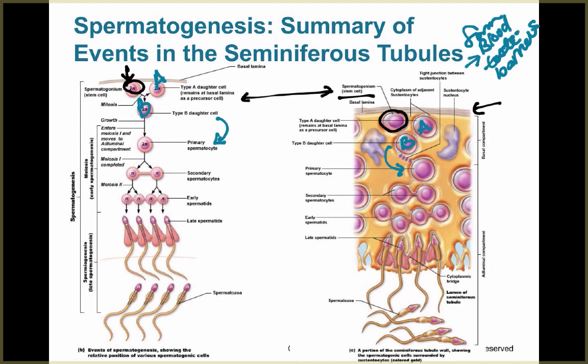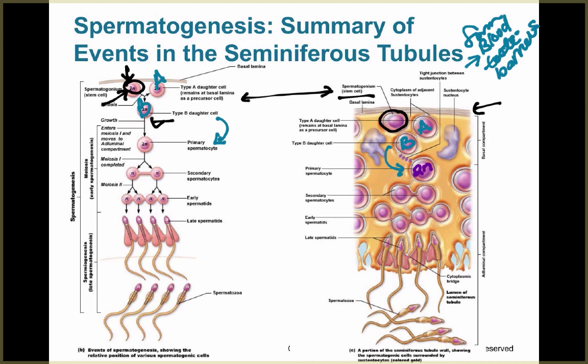Now, that's mitosis, right? As you can see, we originally had the 2N cells here, and we're still at 2N. And at this point, once we get the primary spermatocyte, that guy is going to undergo meiosis. So here we get the primary spermatocyte, which is 2N, and he's going to undergo meiosis 1.